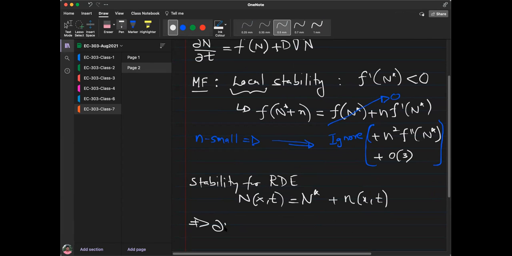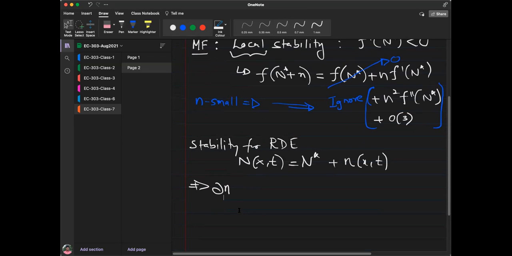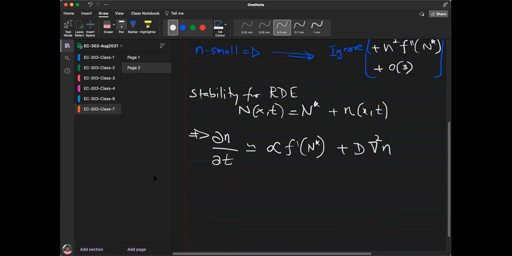If you do the local stability analysis again, this is what you end up with: the time derivative of n is approximately equal to alpha times f prime of n star, plus d del square of n. This is valid.